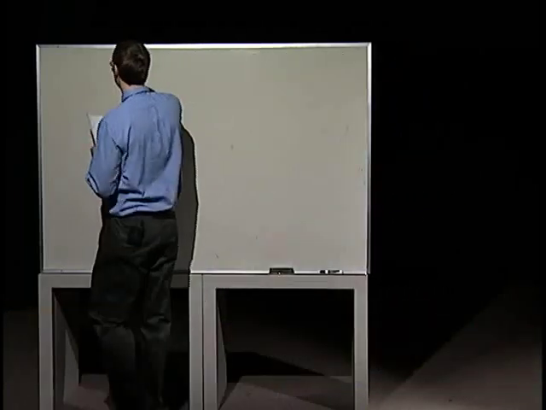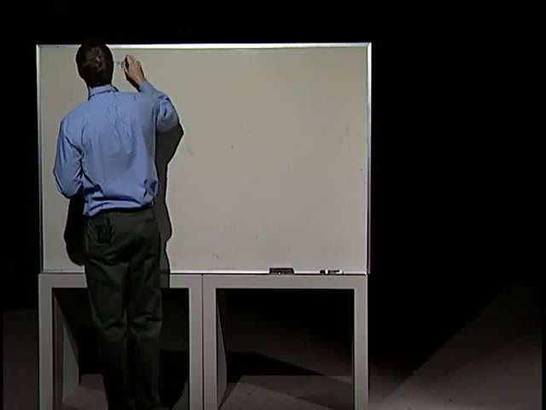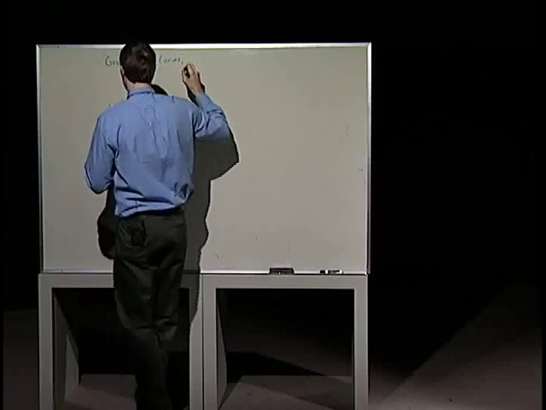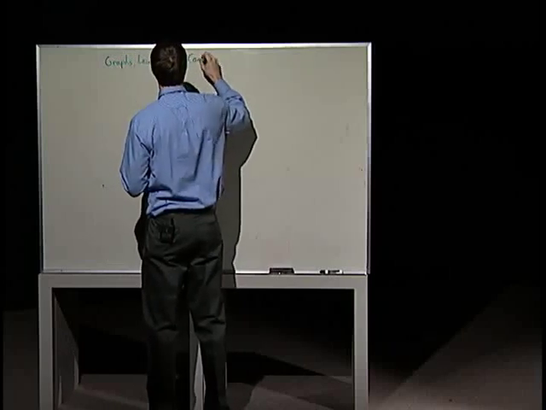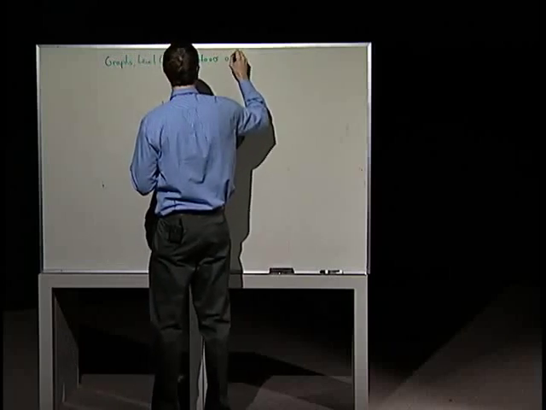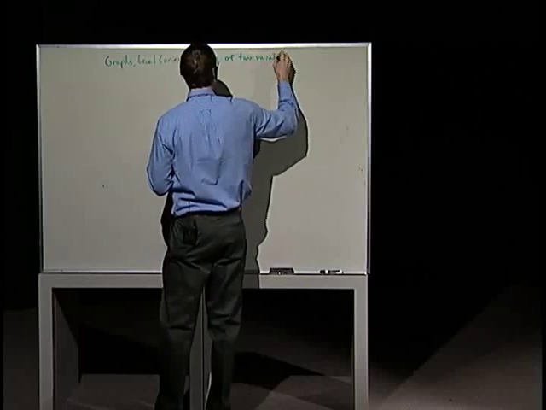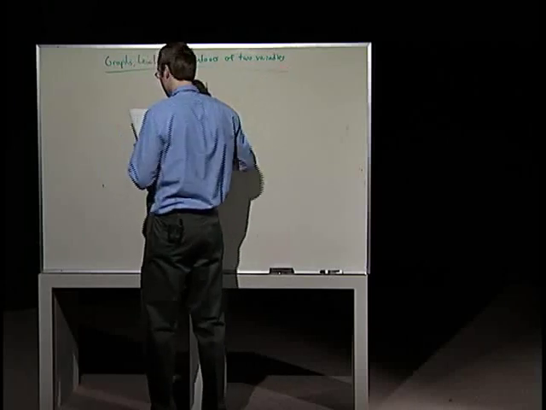So let's look at how we might do that. So this is graphs, level curves, and contours of two variables. Okay. So there you go.